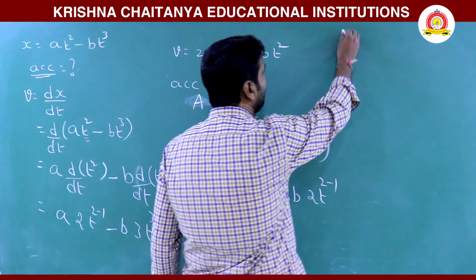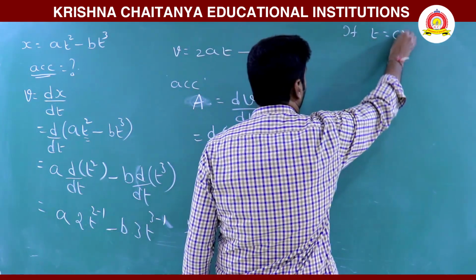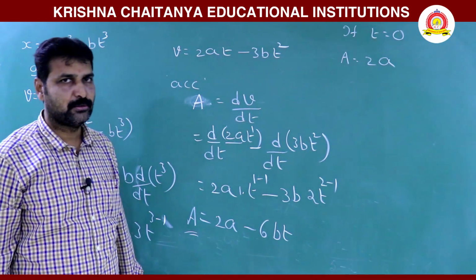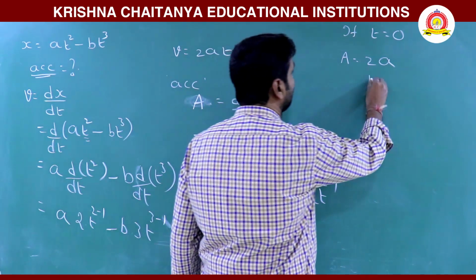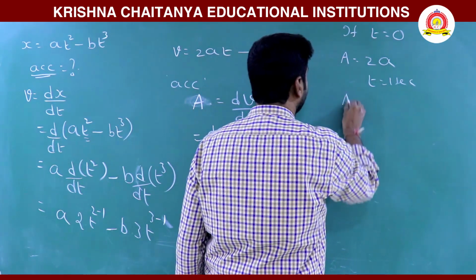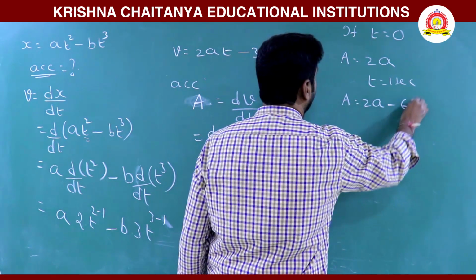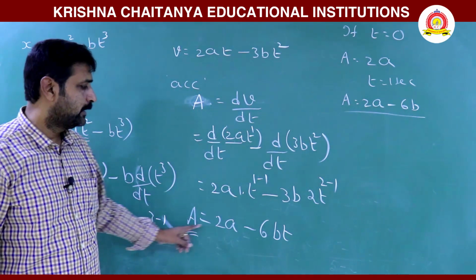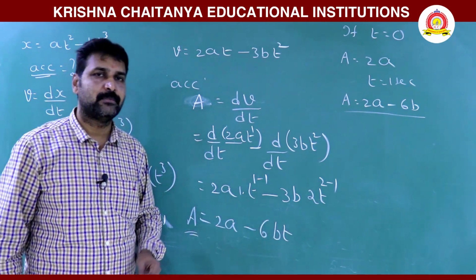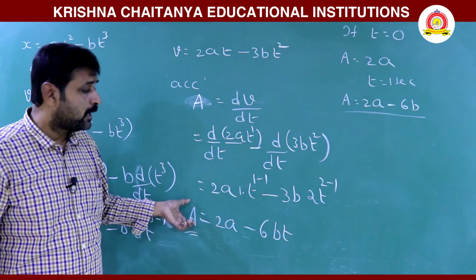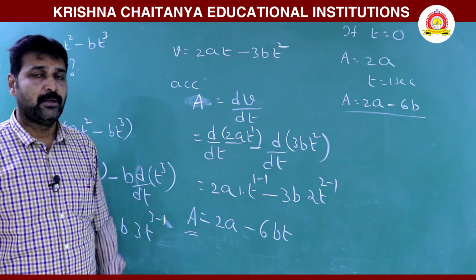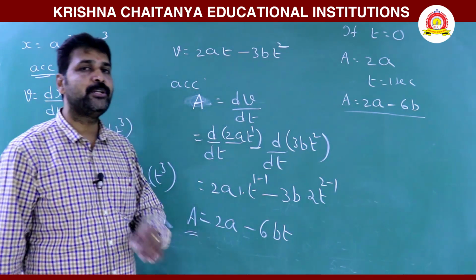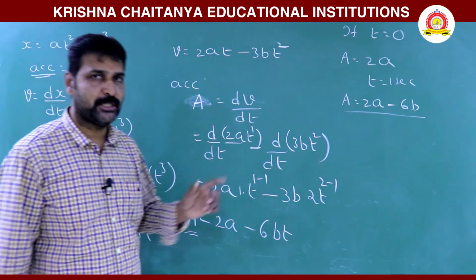If t is equal to 0, acceleration is 2a. If t is equal to 1 second, acceleration is 2a minus 6b. Likewise, acceleration changes with time, which means this is not constant acceleration. When acceleration is changing with time, that is not uniformly accelerated motion.